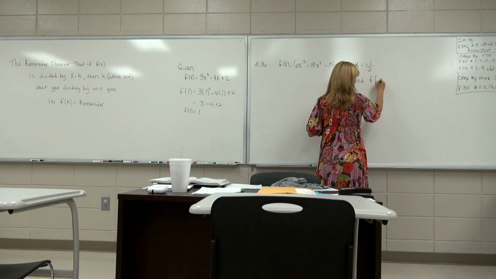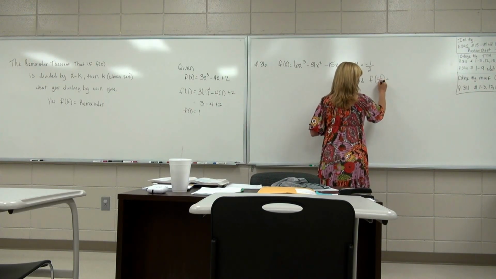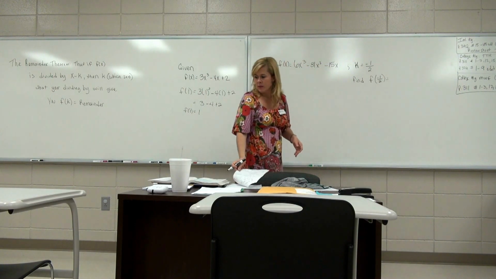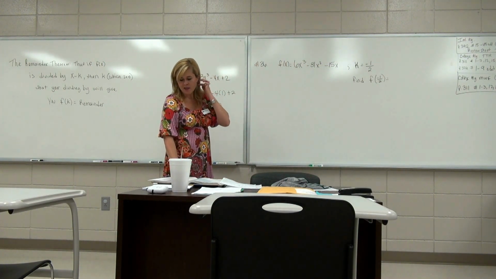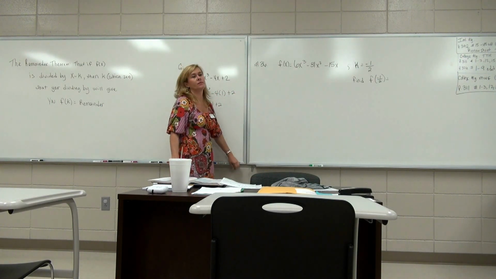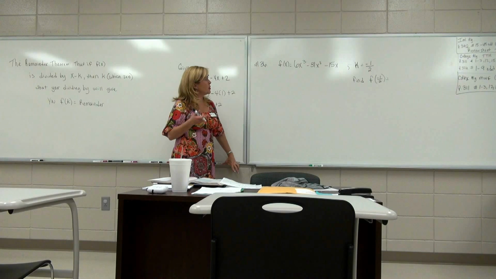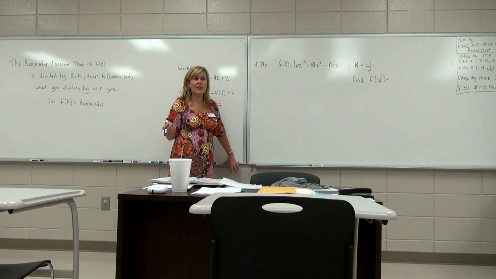Find f of k, which would be f of negative 1/2. You're told for each polynomial, use the remainder theorem and synthetic division to find f of k. Well, yeah, you could put a negative 1/2 in place of all those x's, but that's really going to be harder than just doing your synthetic division.